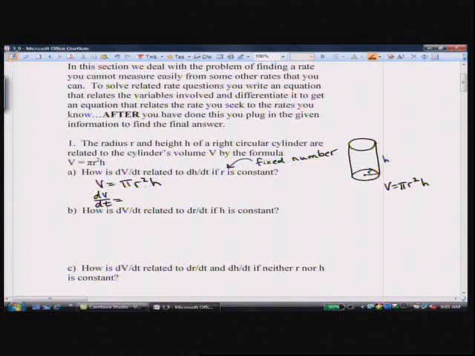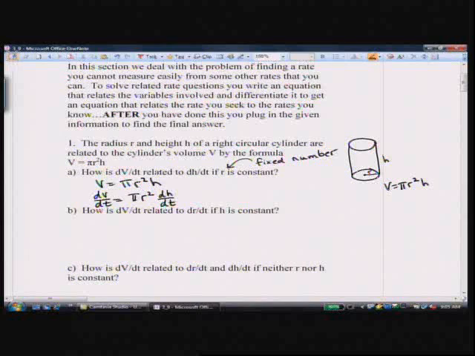If it were 25 pi x and you were finding the derivative of x with respect to time, you would say 25 pi dx/dt. Well, here we're going to say 25 pi dh/dt, but we don't know what the number is. Our r squared represents the 25 there. It's just a constant. So this is pi r squared times dh/dt, because the derivative of h with respect to time is dh/dt.